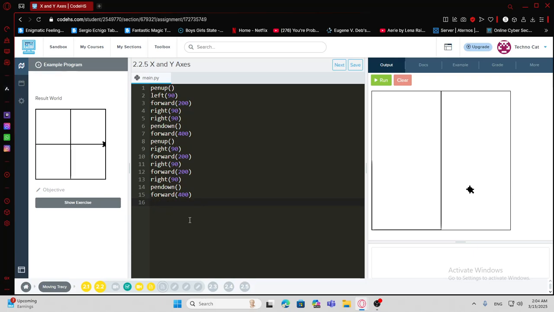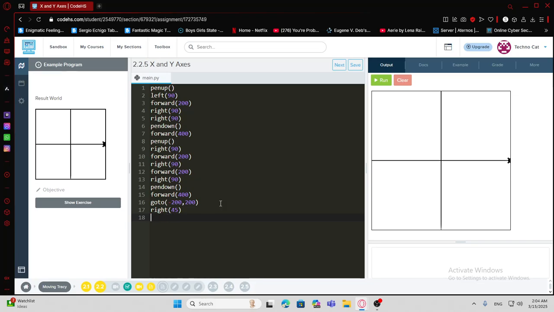Alright, so this is the original code, right? Okay. So again, without interfering with that, we're gonna go to negative 200, 200, and then we're gonna turn right 45 degrees, and then we're gonna go forward.